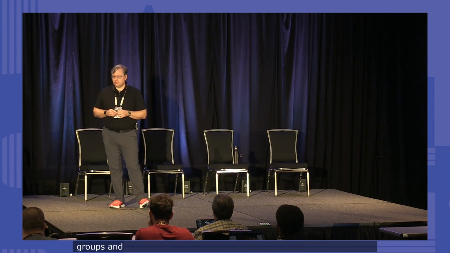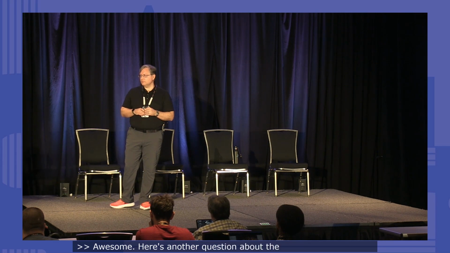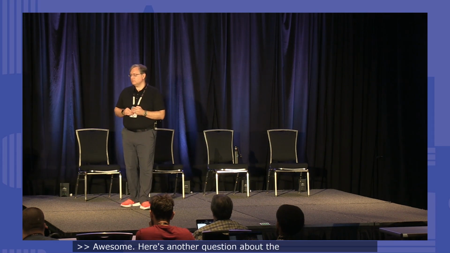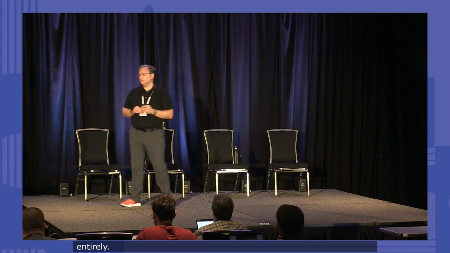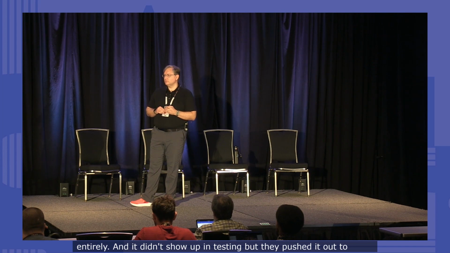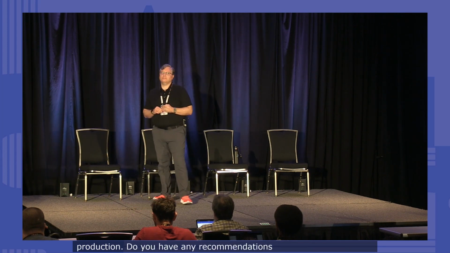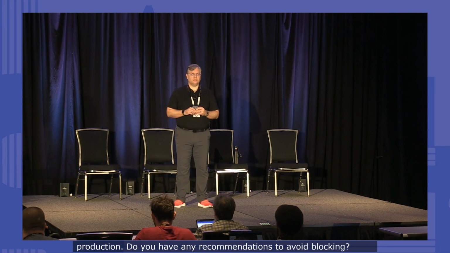Here's another question about the EAs that blocked recon entirely, either because of an obvious error in the script or a rare bug in macOS tools they were using, and it didn't show up in testing, but they've pushed it out to production. Do you have any recommendations to avoid blocking recon? I think it will eventually time out.